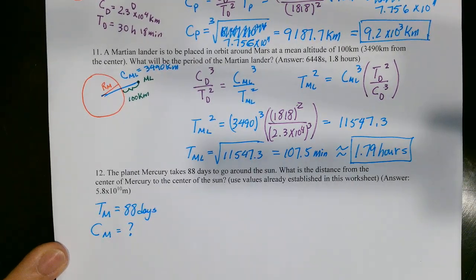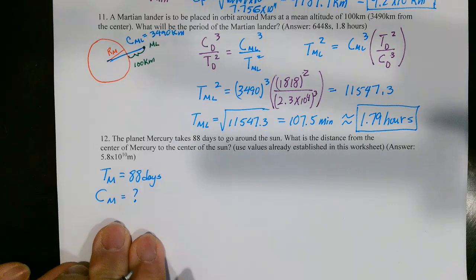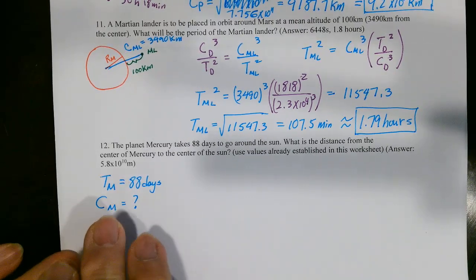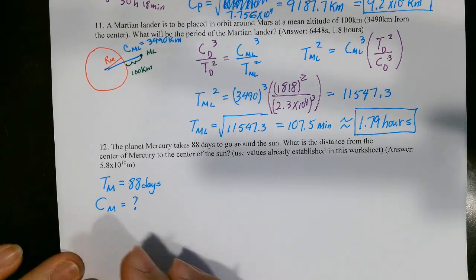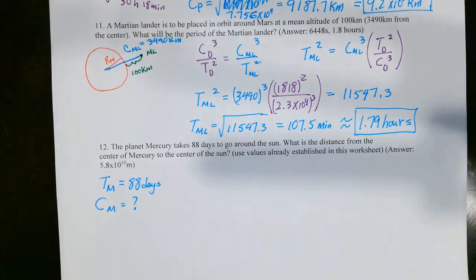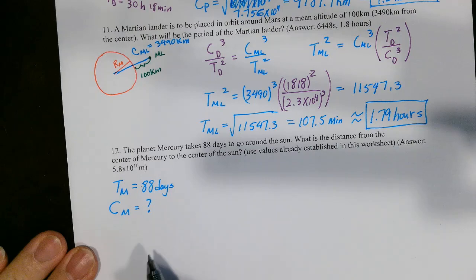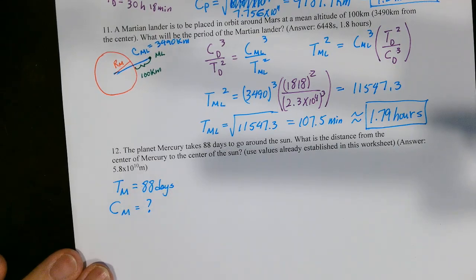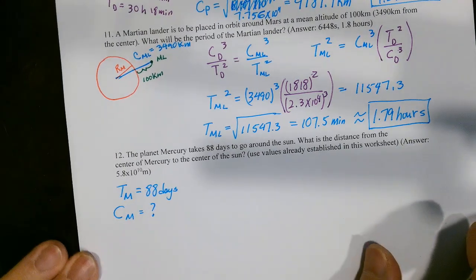Well, we can use a lot of things actually. We can use the Earth, we can use the Moon, we can use Mars, whichever. We know so much already. But I think the Earth is the easiest because we already know how many days it is, right? We know how far it is, right?